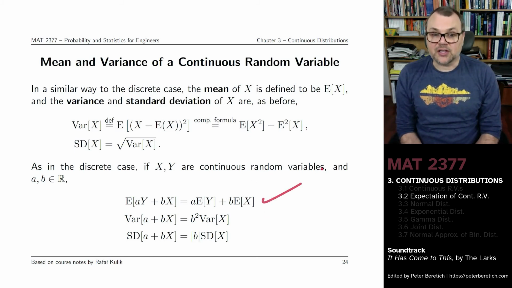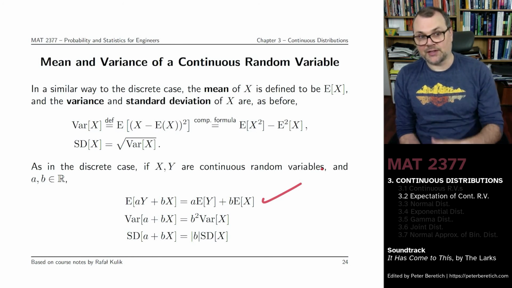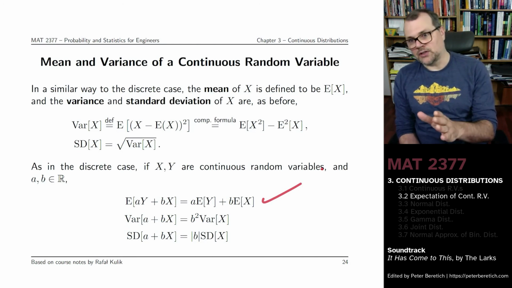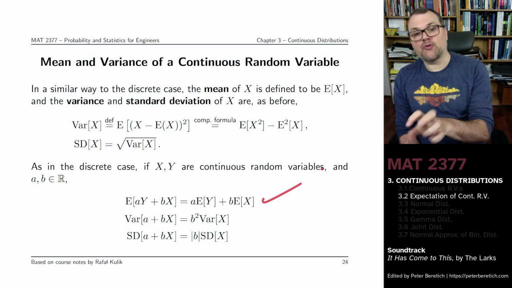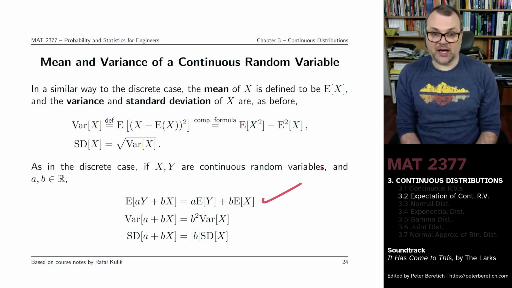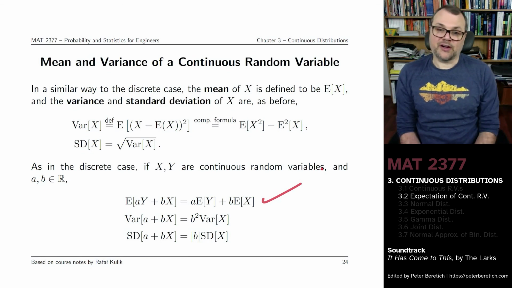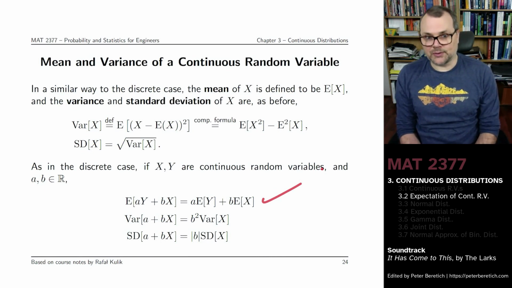The variance of a plus bx would be the variance of a plus the variance of bx plus, we're not talking about that here yet, but the covariance of a and bx. The variance of a becomes 0. The covariance of a and bx is also 0, and the variance of bx, well, we've seen this before, that's just b squared times the variance of x.